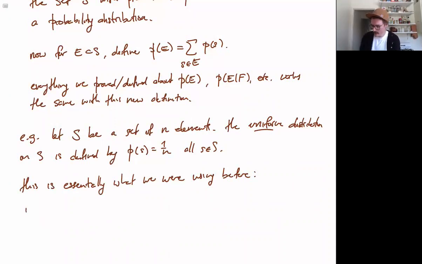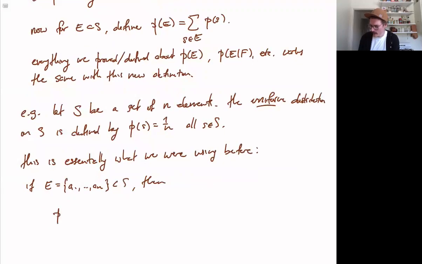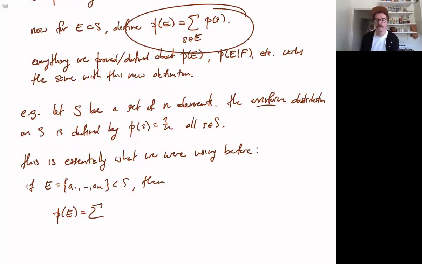Because in this case, if E is some event which we write in terms of elements A1 through AN, then the probability of E is, in our new definition, our definition up here, it is the sum over elements in E, which is to say, I equals 1.